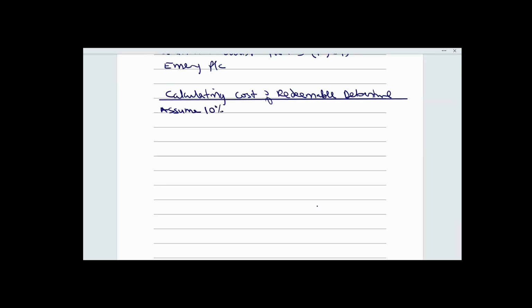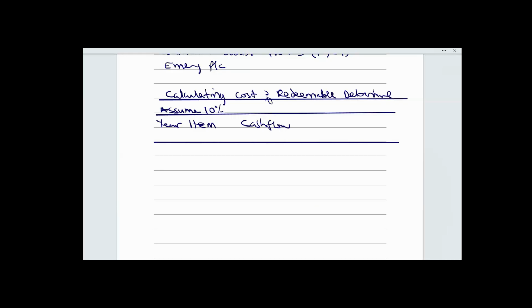So we use this 10% to compute NPV. The first item here will be the year, description of items. Then we are going to have cash flow.